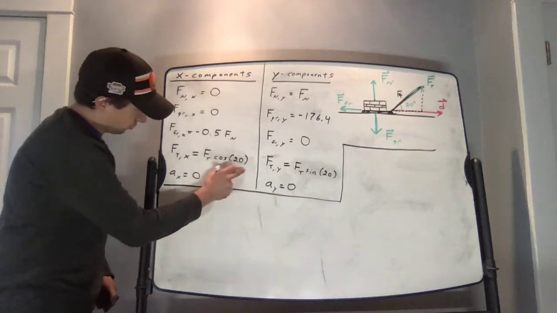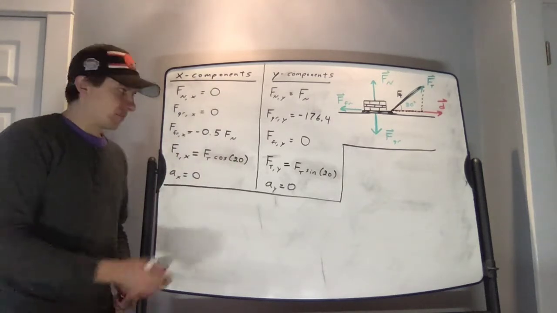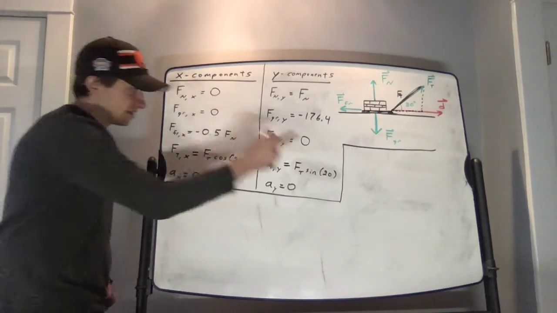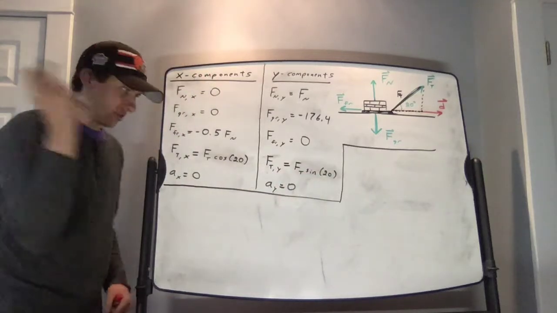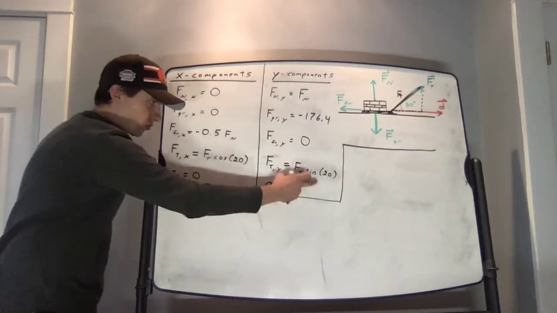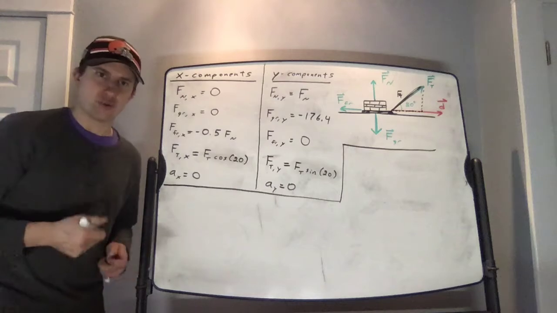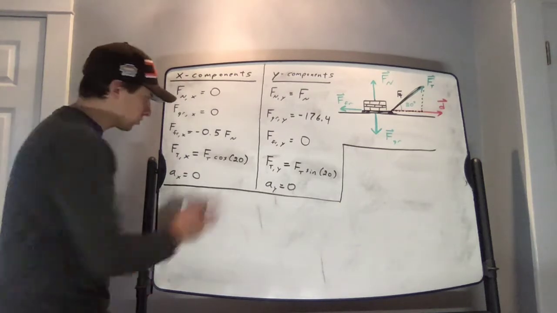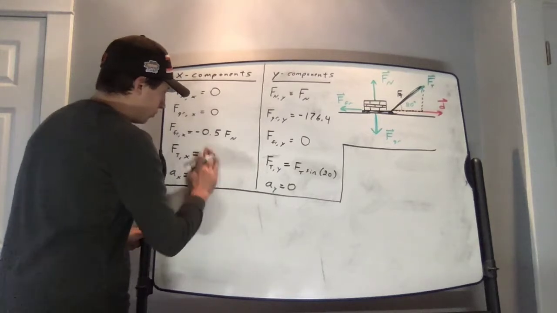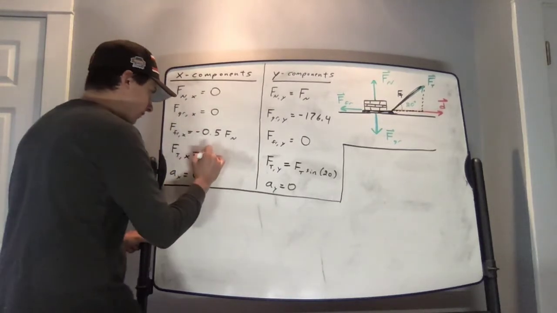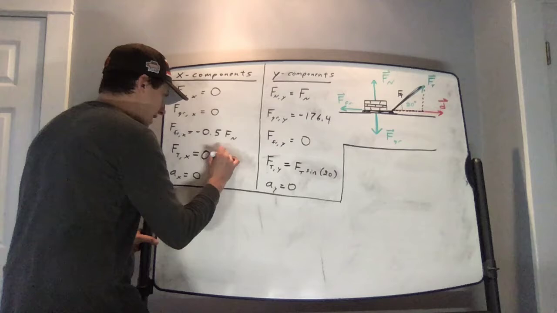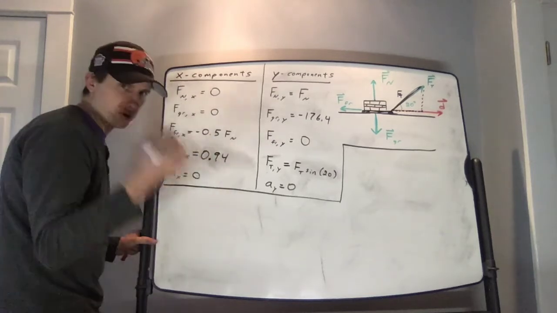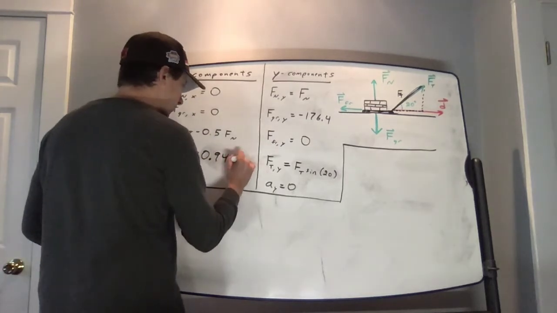At this point, we rewrote everything just to make it a little bit neater. If I wanted to, I could go to a calculator, type in cosine 20 and sine of 20 for the horizontal and vertical components of the tension force respectively. Cosine of 20 is 0.94, so I could write the horizontal or the x component of the tension force as 0.94 times the total strength of the tension force.